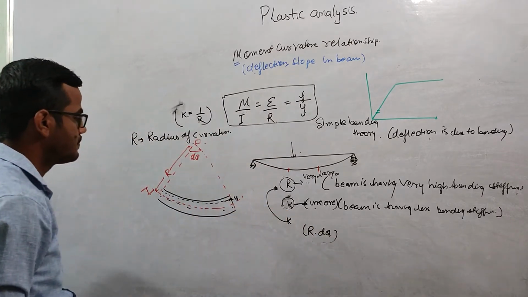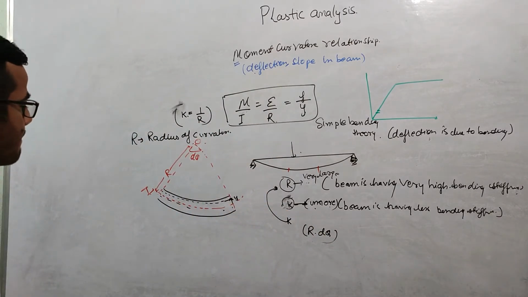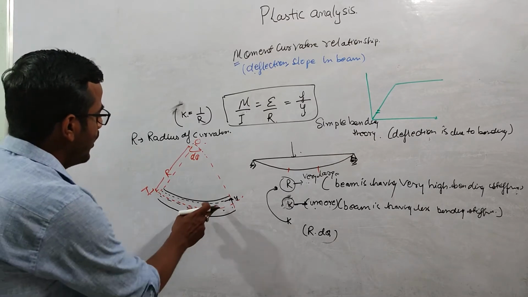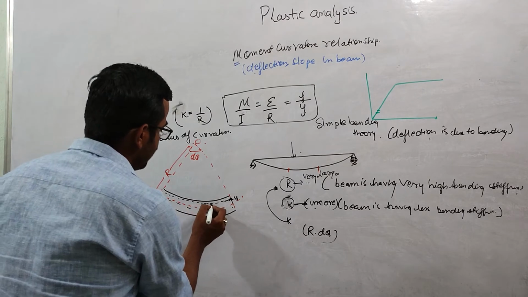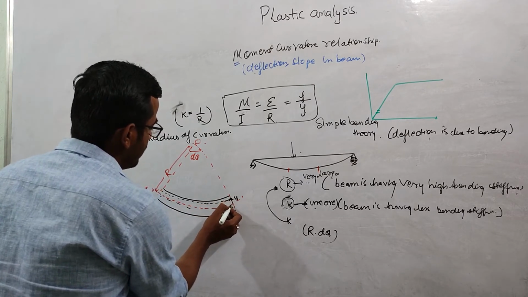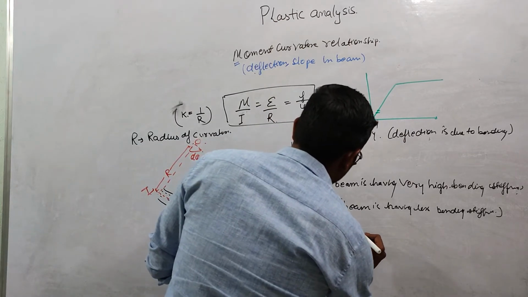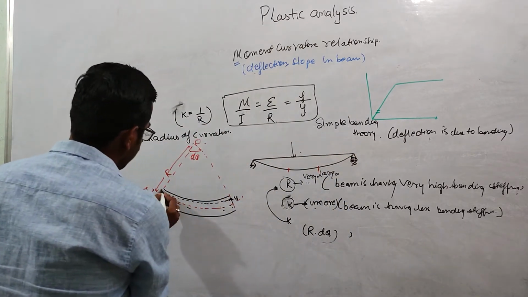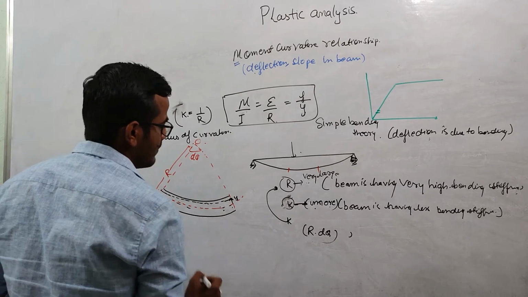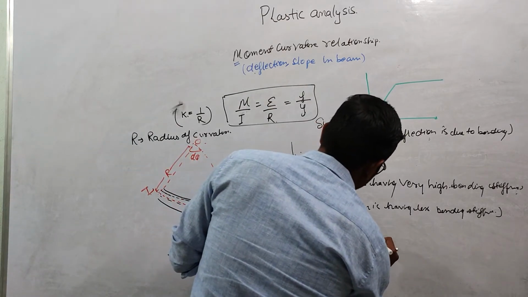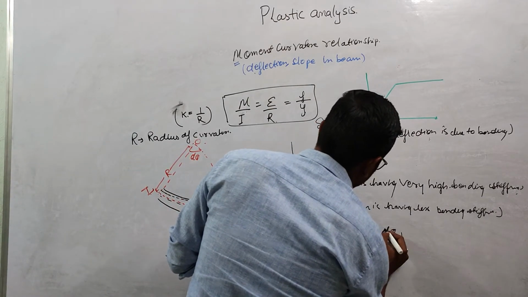And for the fiber which is at a distance y from this neutral axis, I can write the length of this fiber as (R minus y) d theta, right?